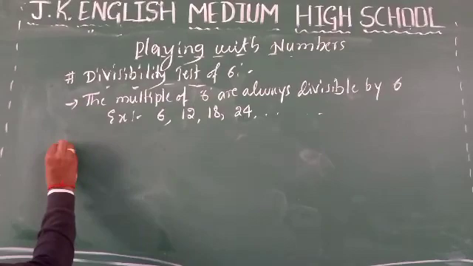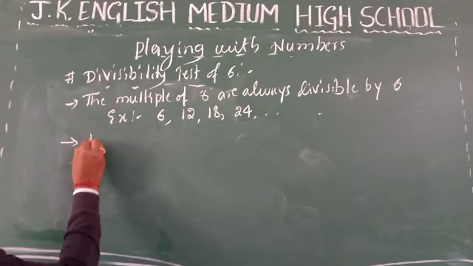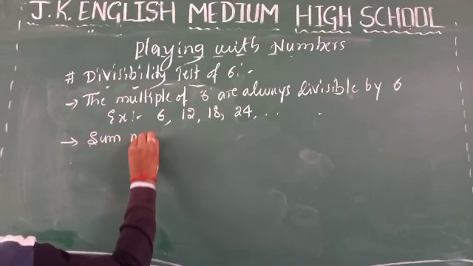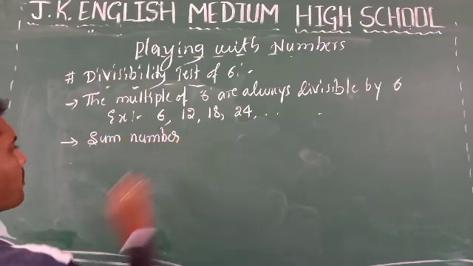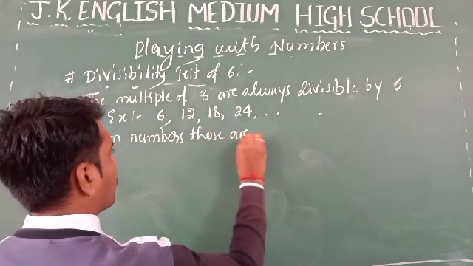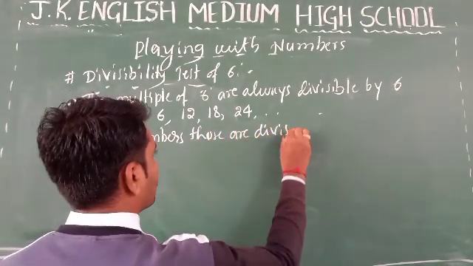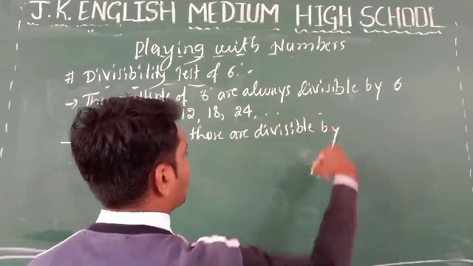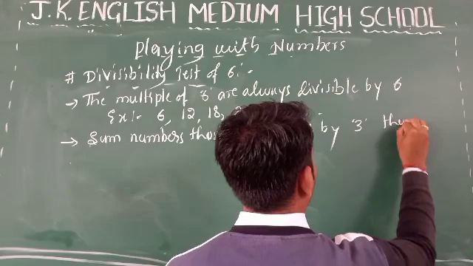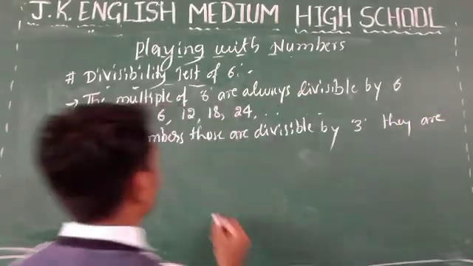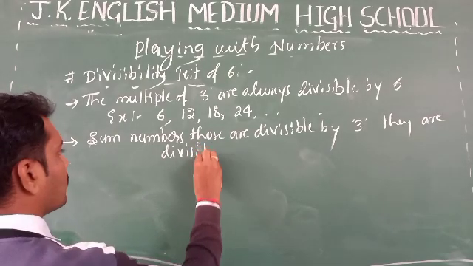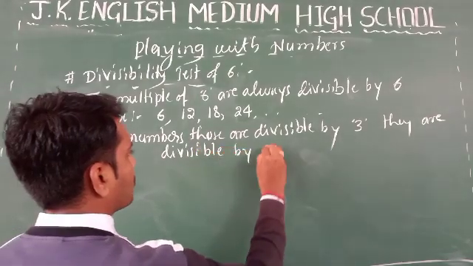What next? The rule number 2. Some numbers, those are divisible by 3, they are divisible by 6.